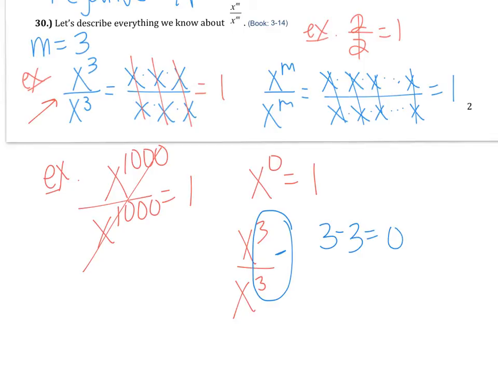So this is the same thing as saying x to the 0 power, which is 1, and x cubed divided by x cubed equals 1. So anytime we have x to the 0 power, or anything to the 0 power, your answer is always going to be 1.